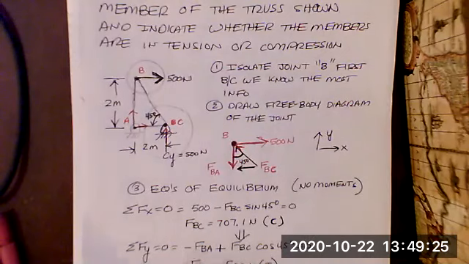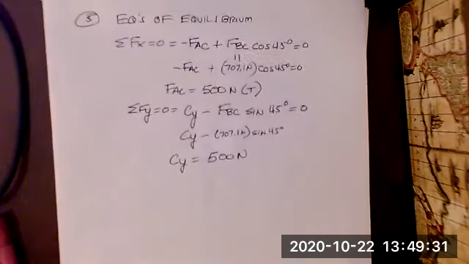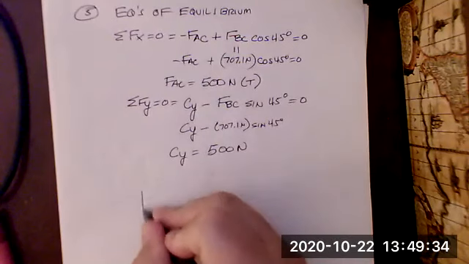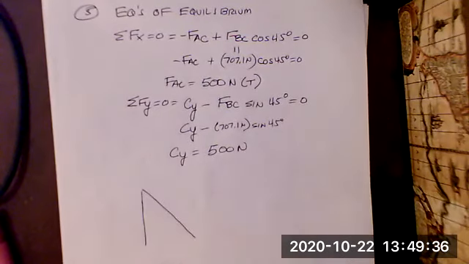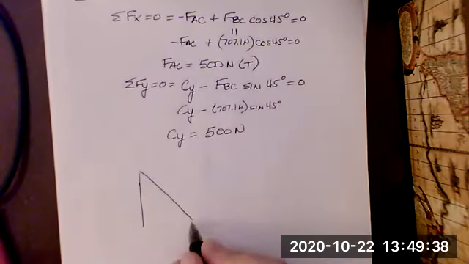Let me work it, okay? This is what the free body diagram looks like, okay? Going back to the original free body diagram. You don't have to go back to the original. It's the same on each side because of the angle though, right? Because it's a 45, 45.